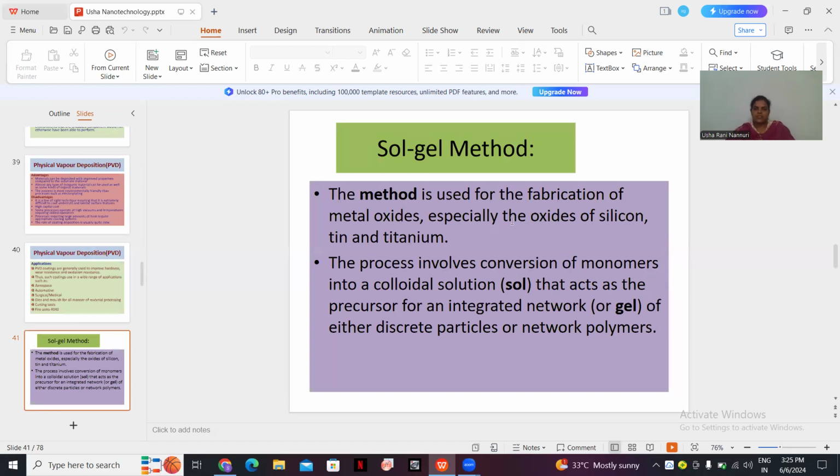This sol-gel method is used for the fabrication of metal oxides, especially the oxides of silicon, tin and titanium.